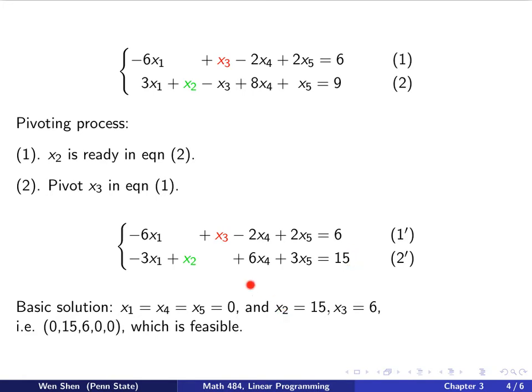So x2 in equation 2 will be 15, and x3 in equation 1 will be 6. So we can write it as 0, which is x1, 15 is x2, 6 is x3, then this is x4, and this is x5. So it's a more compact way of writing the basic solution. And nothing is negative, so this is feasible.